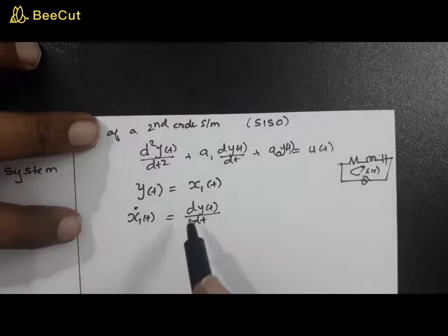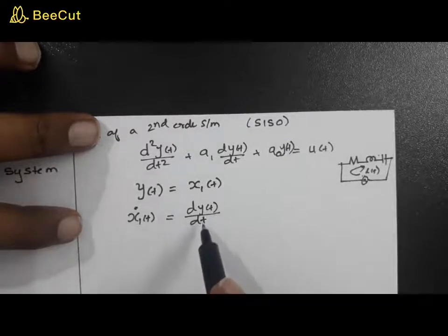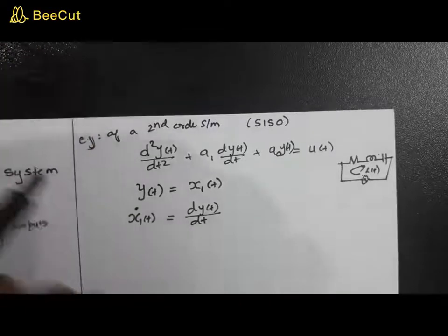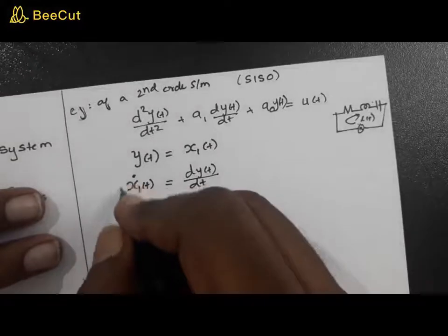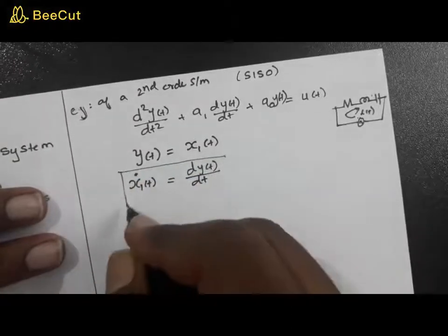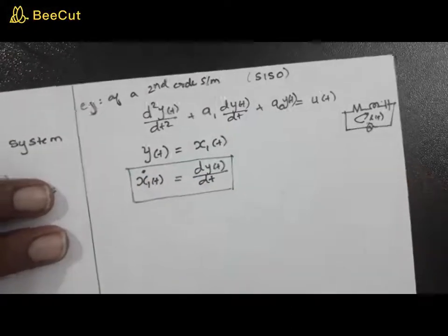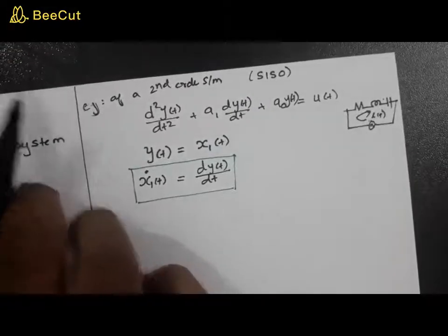So x1 dot of t is equal to dy of t by dt. I am putting that in a box.